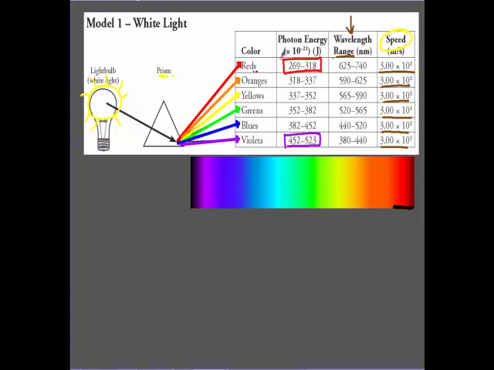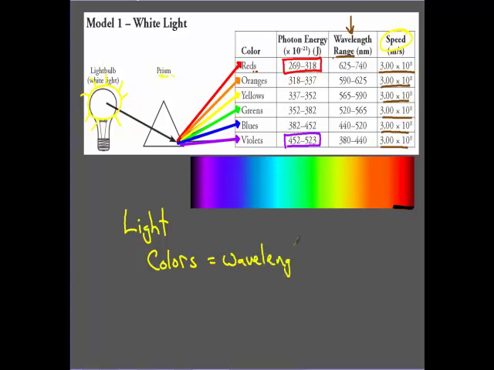And so the two things to take away as we look at this is that in light, we have colors, which are equal to wavelengths.